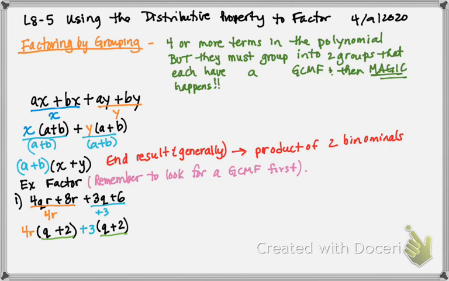So my answer is q plus 2, and then it's going to be taking those coefficients I pulled out, those GCMFs, and they become their own binomial. Now I double check: q, 2, nothing in common; 4, r, and 3, and I'm done with that problem. Okay, let's try another one.